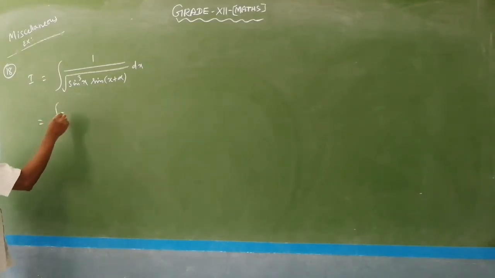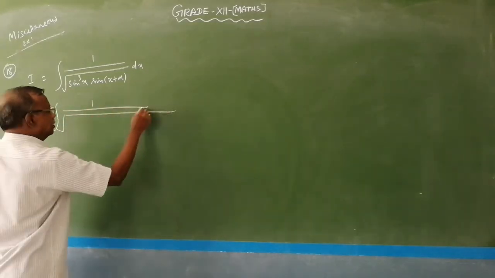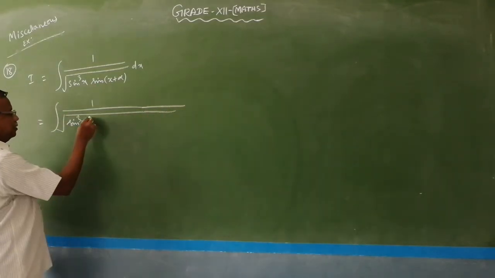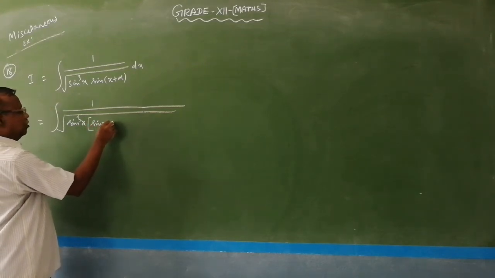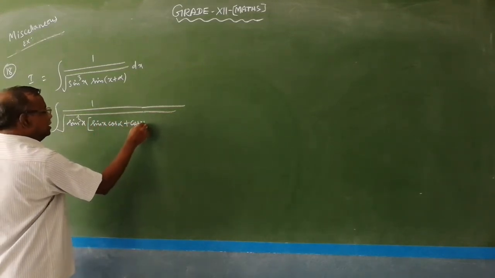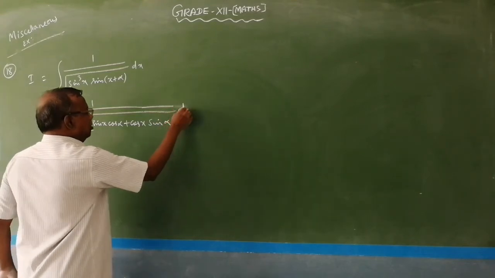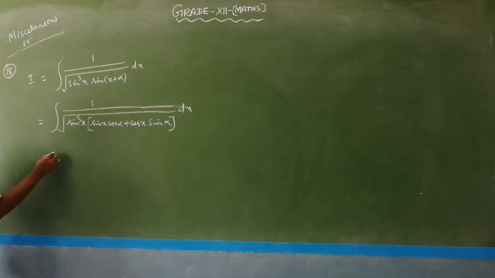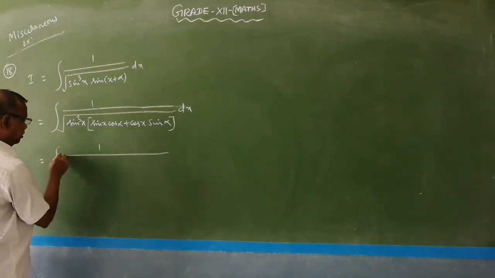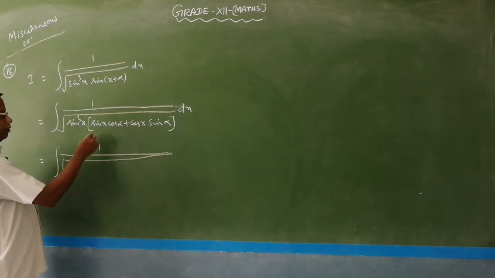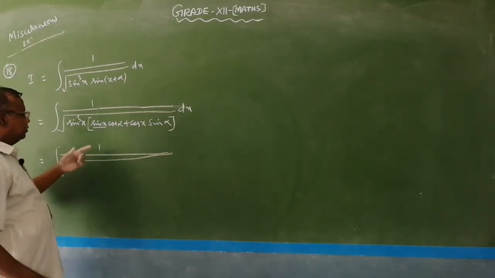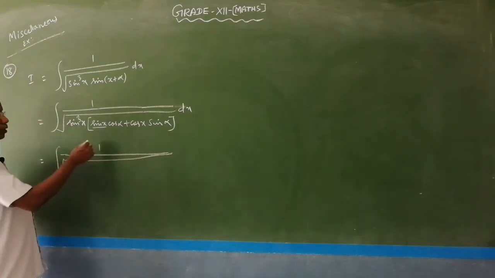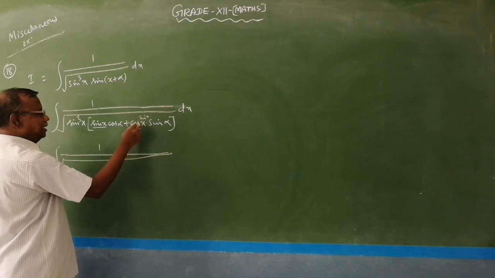We can rewrite this using the sin of a plus b formula, which is sin a cos b plus cos a sin b, so sin of x plus alpha is sin x cos alpha plus cos x sin alpha. We need to take sin x outside, because if it is an even power we can take it out of the root. So now multiply and divide by sin x here.